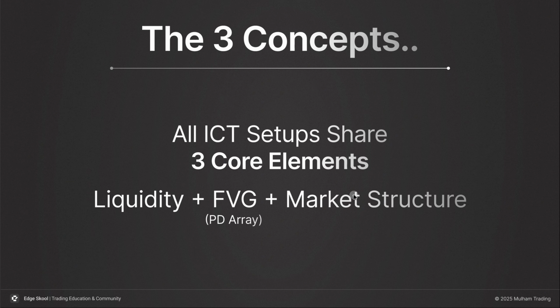You can create your strategy out of these 3, and you can look for these 3 when you go to YouTube and look for any trading strategy. You'll see that most of these strategies just share these 3 elements, and you'll realize this at the end when we go to the strategies.